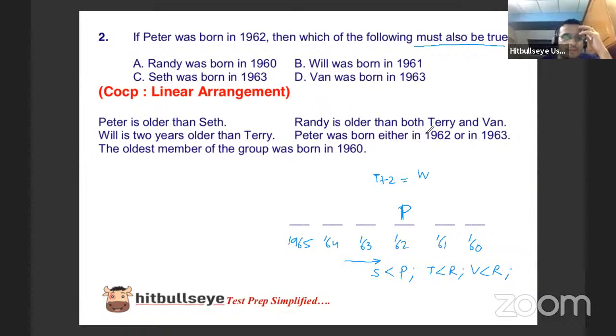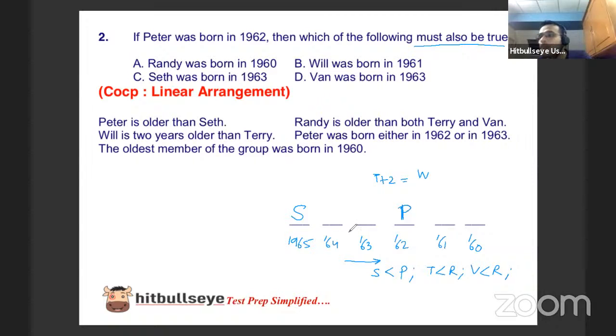Now let's try to put in all the other team members, the names we have. We know that Peter is elder than S. So let's put S over here. Peter is older than that. T and V should come over here. The main question is where will R come?